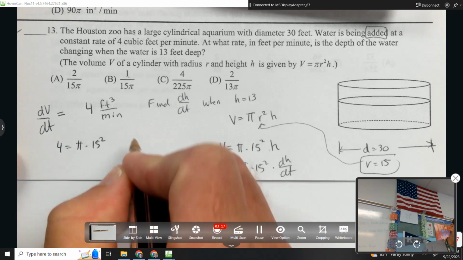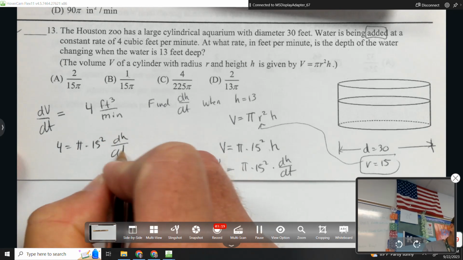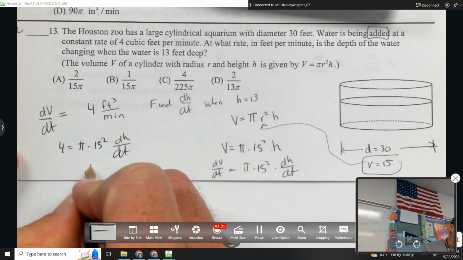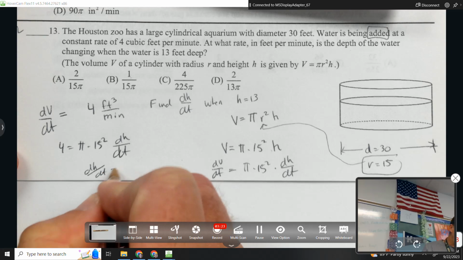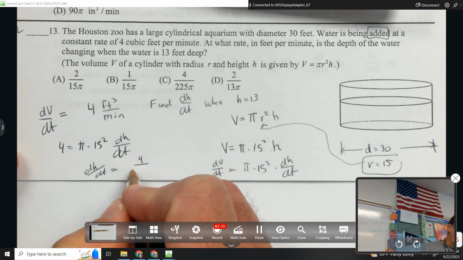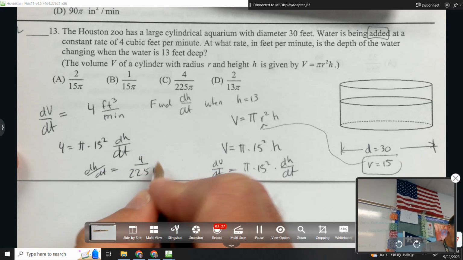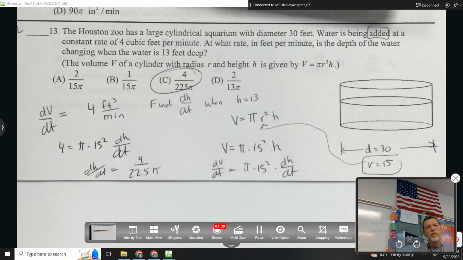Pi times 15 squared. I don't know dH dt, but I can solve for it. So that would be 4 over 225 pi. Answer choice C. So, again, you can plug constants in, but don't plug variables in until after you take a derivative.